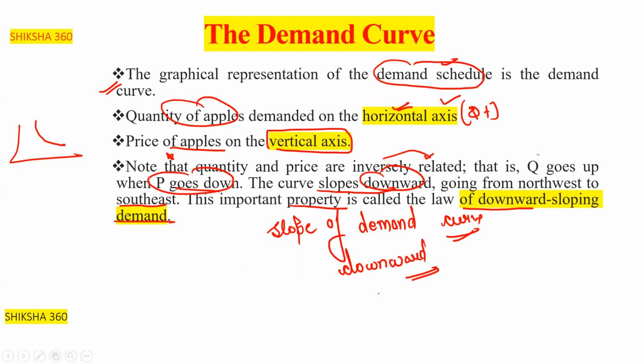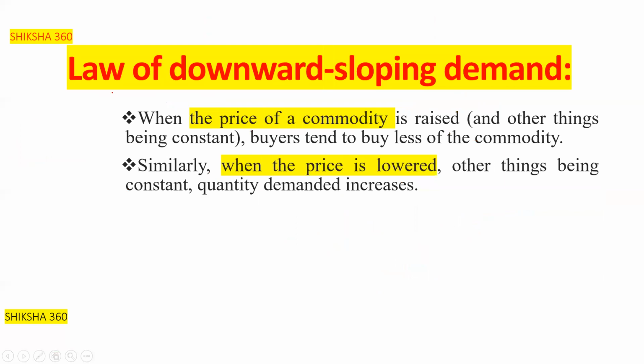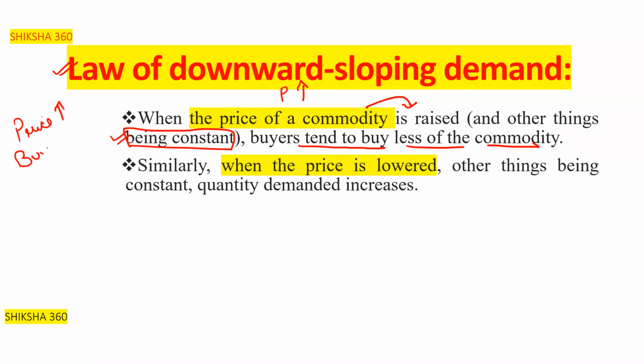Next, the law of downward sloping demand. When the price of a commodity is raised and other things are constant, buyers tend to buy less of the commodity, or demand less.